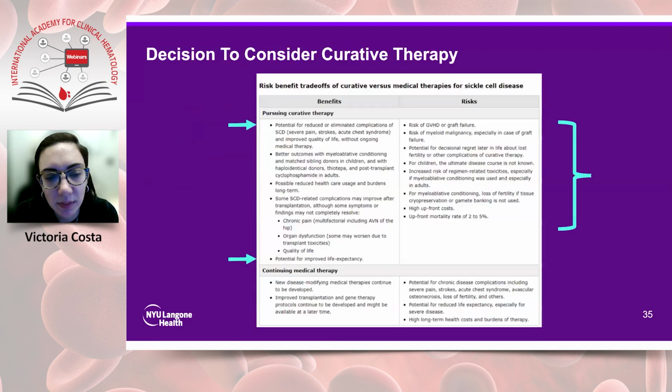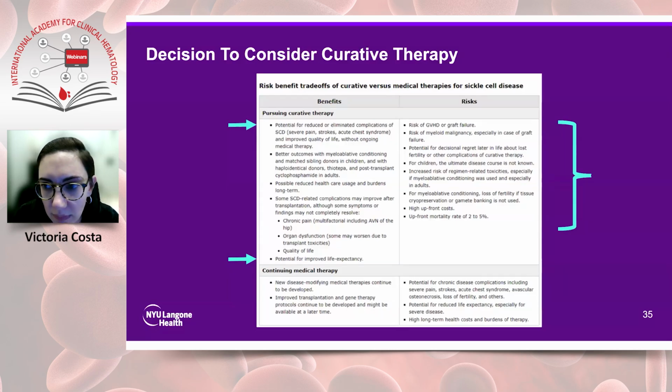And then besides the medical therapies, deciding to consider curative therapy is really a long and arduous evaluation, and multiple things to consider. The benefits of pursuing curative therapy: potential for significant reduction or elimination of complications of sickle cell disease, and potential for improved life expectancy.